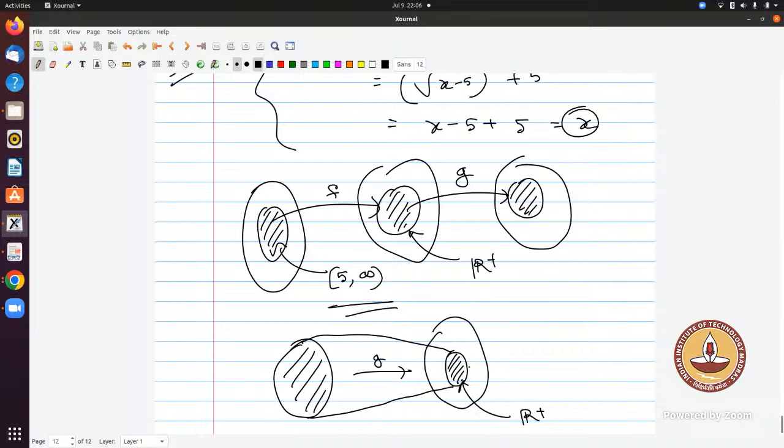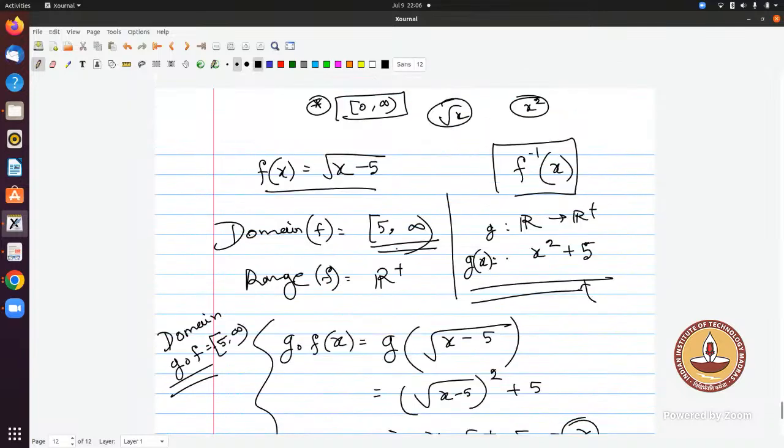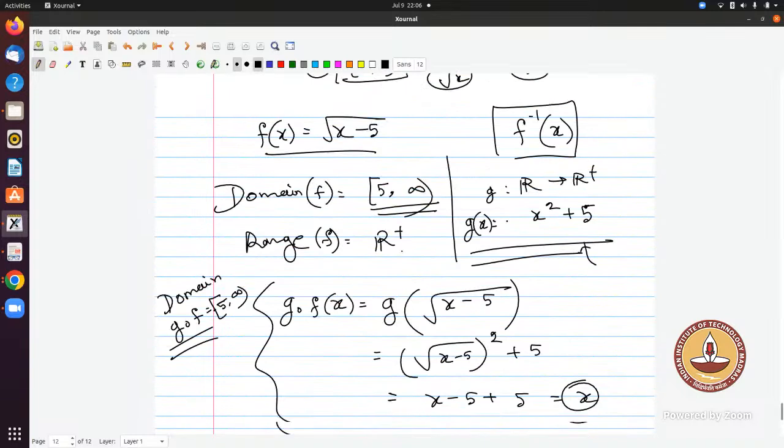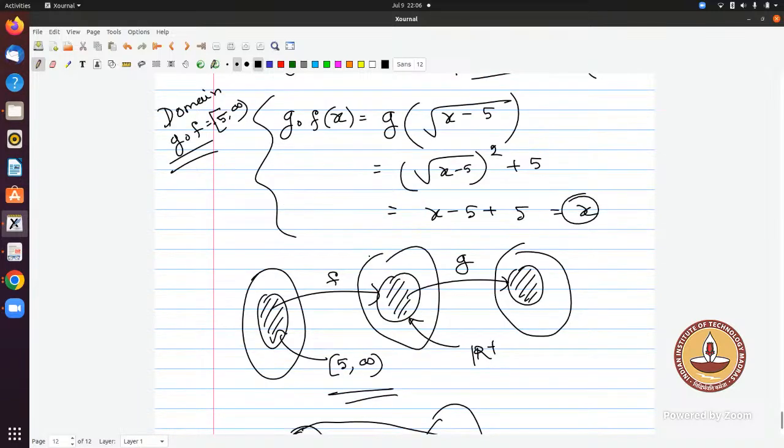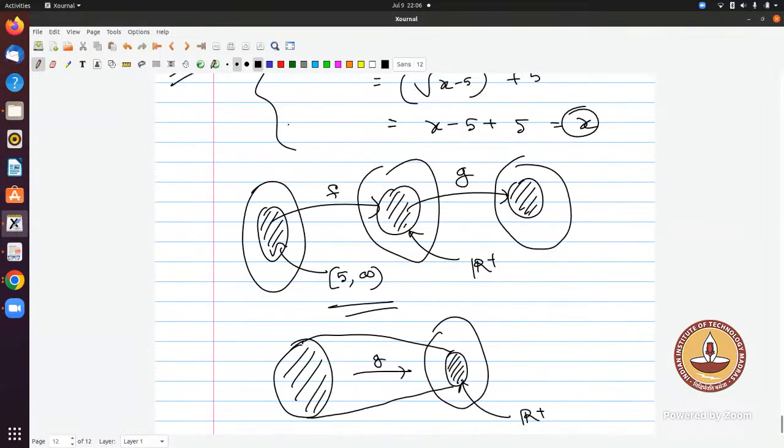Now, if F is applied on whole R plus, what was the domain of F, if you remember? The domain of F was 5 to infinity. So it is a part of R plus, not whole R plus. This portion is basically 5 to infinity. On this portion only I can apply F, and I am getting this.